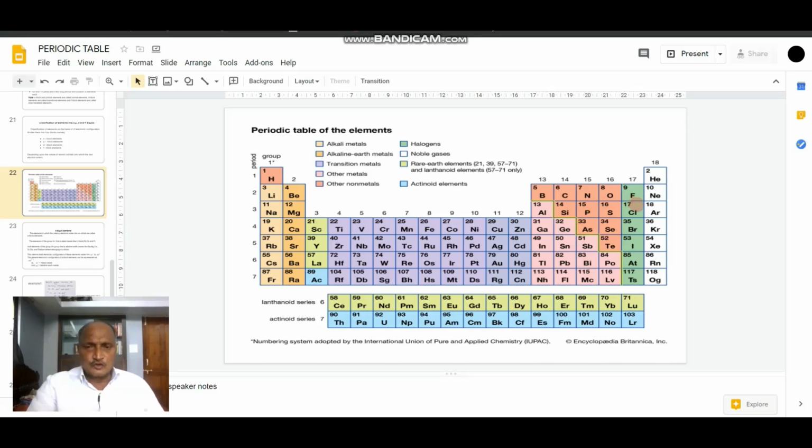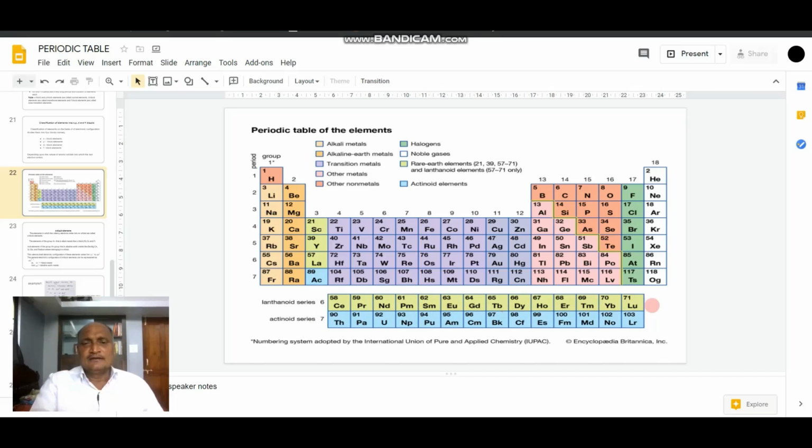And also we know that in between S and P block elements, there is a place for D block elements, and at the bottom of the periodic table the F block elements are arranged.